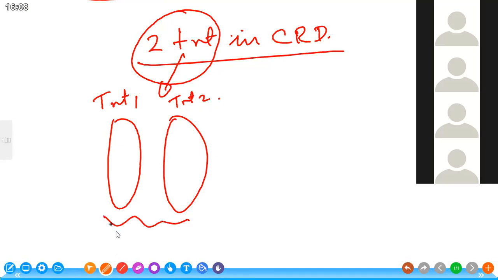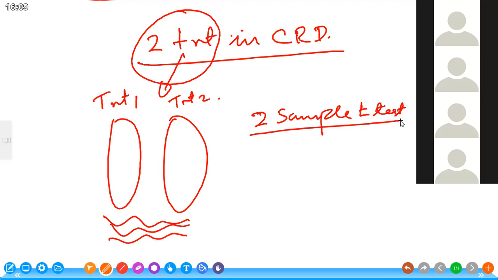We want to compare these two treatments. What is the technique available? You learned this. Two sample t-test. Exactly. But specifically, what two sample? Dependent or independent?